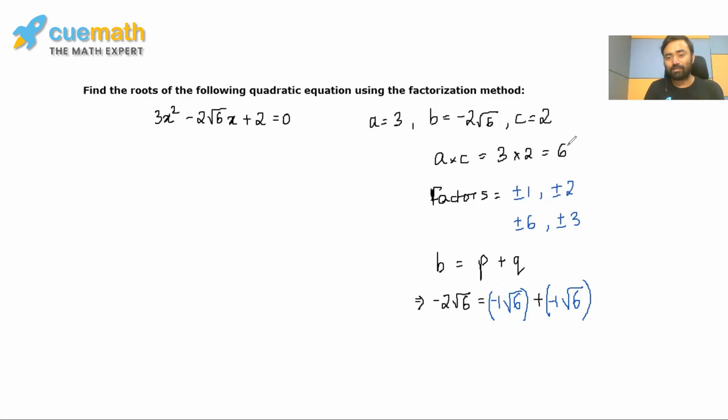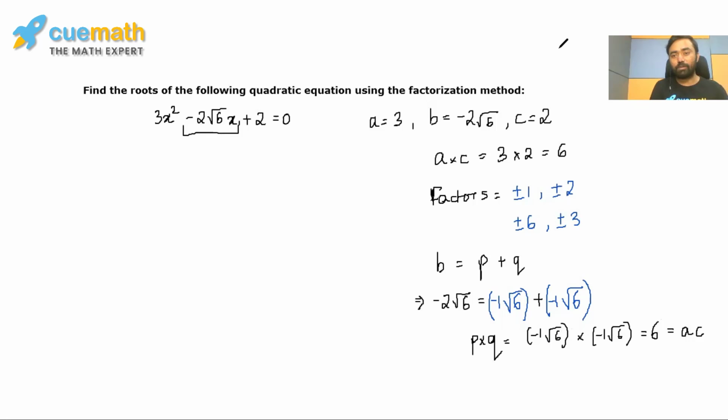Now let us see the product of P and Q. So the product of P and Q is nothing but -1 square root of 6 times -1 square root of 6. Let's see what this is equal to. -1 times -1 is 1, square root of 6 times square root of 6 is 6, which is equal to the product of A and C. So it clearly goes with the factorization method. So now we can replace this middle term by the values of P and Q. So let's do that. So 3x square minus 1.